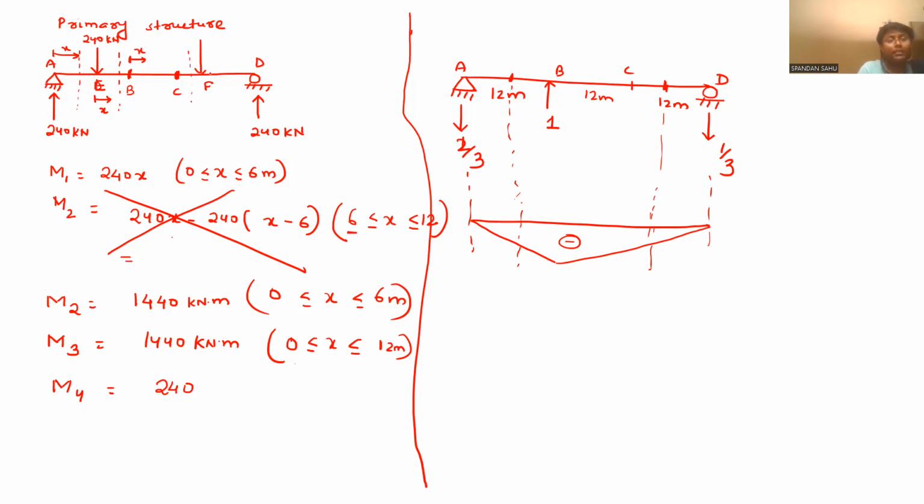So let us consider from the right side. It will be 1440, sorry.